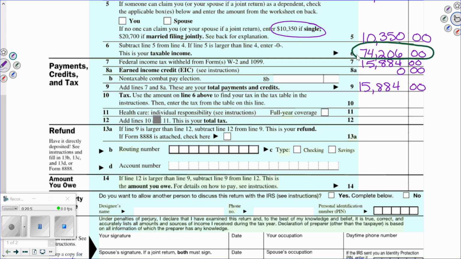What you need to know? Okay. Where are we lost, guys? Right now I'm looking at use the amount on line 6. So my income on line 6 is 74,206. Yeah, we are going back to the tax table. So in my tax table booklet, look up 74,206 and see what my tax would be.